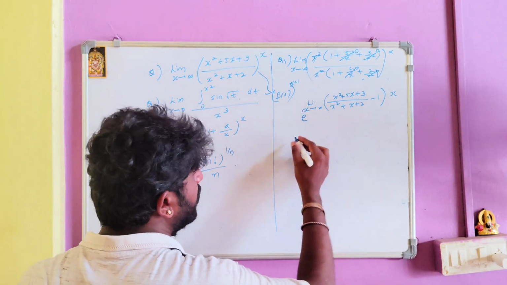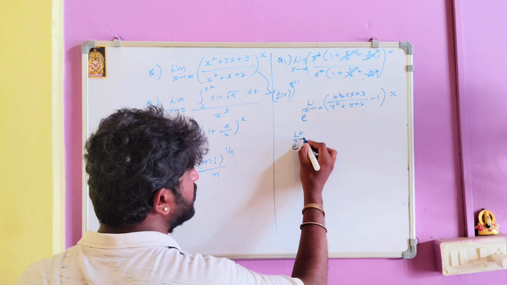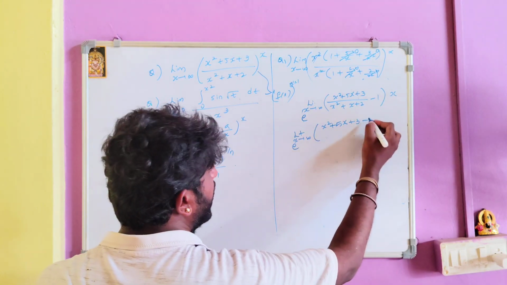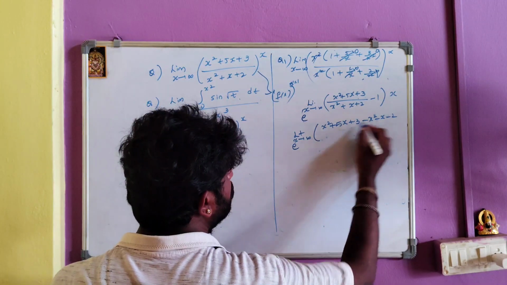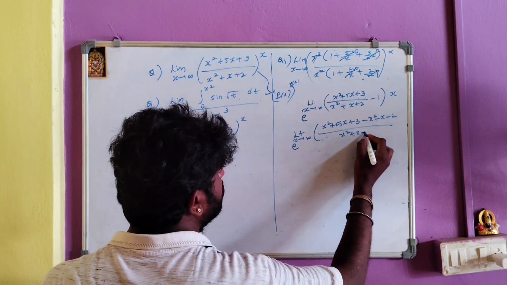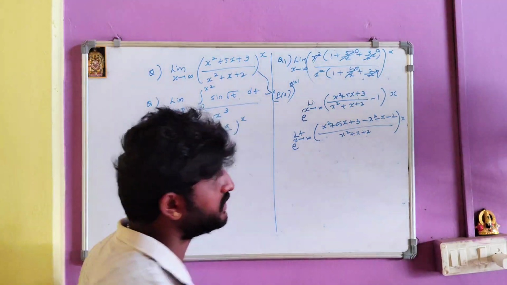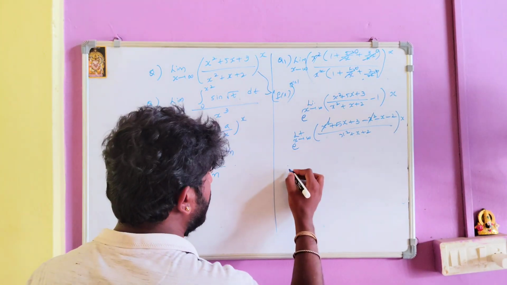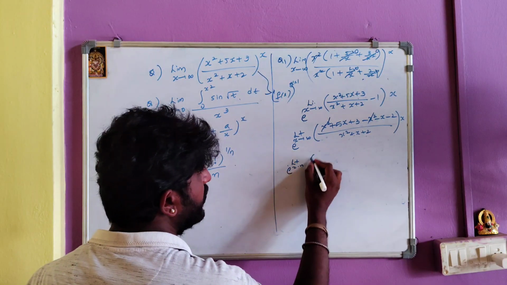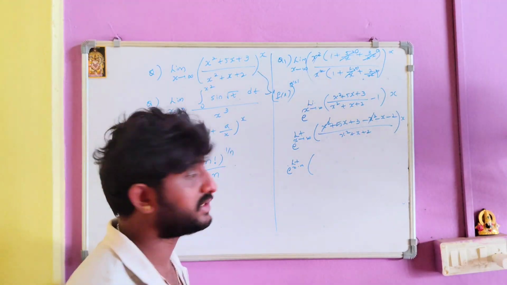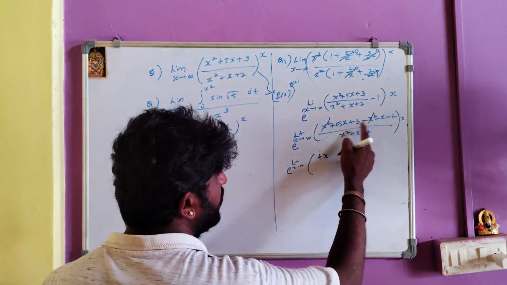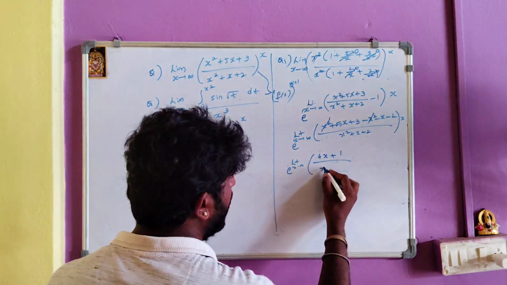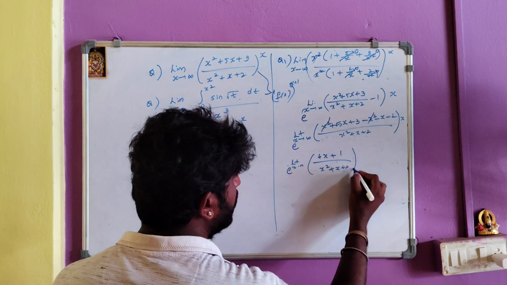Now take LCM, we get e raised to power of limit x tends to infinity, (x square plus 5x plus 3 minus x square minus x minus 2) by (x square plus x plus 2), into x. Here x square and minus x square get cancelled, and we get e raised to power of limit x tends to infinity, 5x minus x is 4x, and 3 minus 2 is plus 1, by (x square plus x plus 2), into x.